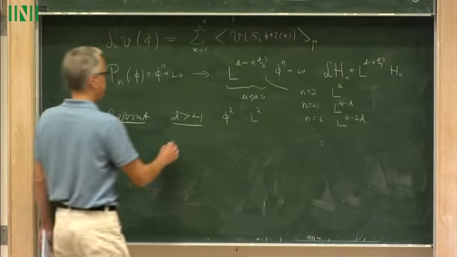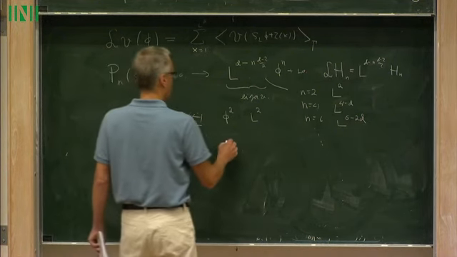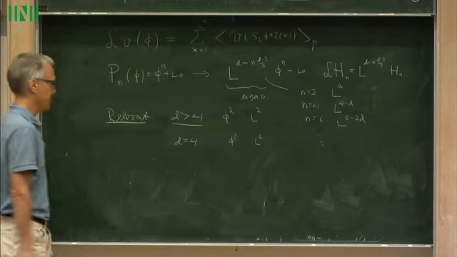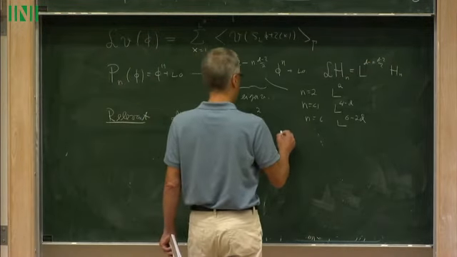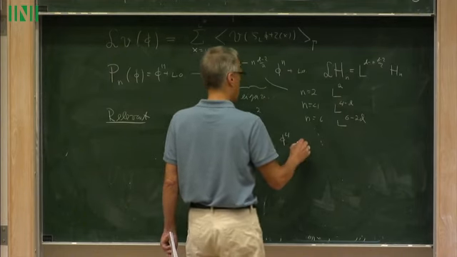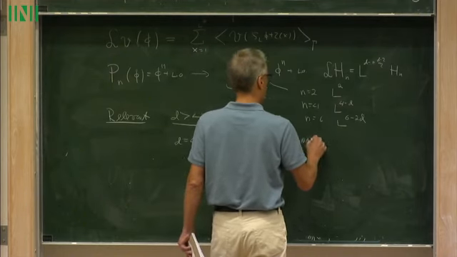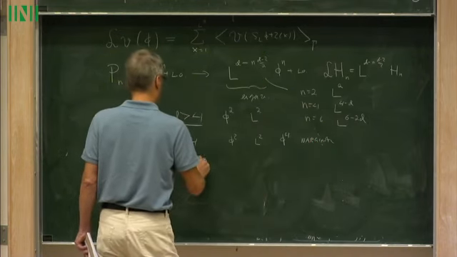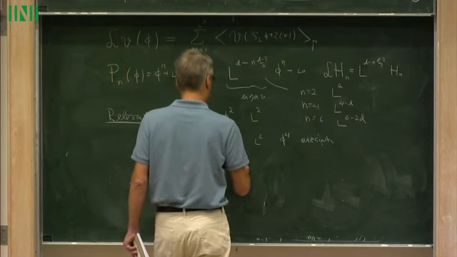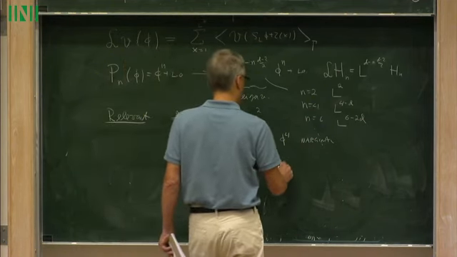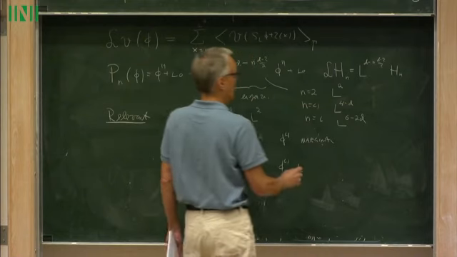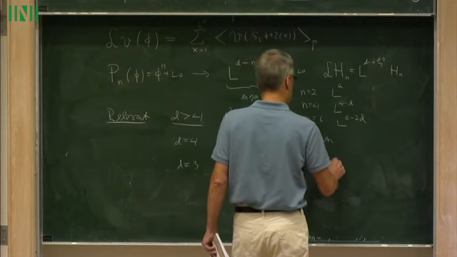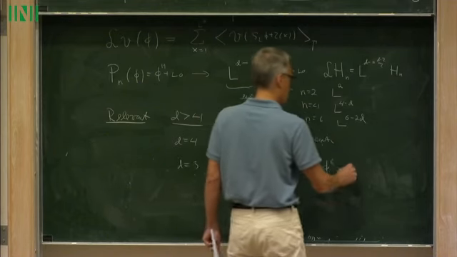Okay. When D is 4, we have again this phi squared, which is always a relevant one. But then we have also phi 4, which is marginal. When D equals 3, we have again the phi squared with L squared, phi 4 with L to power 1, and phi 6 with L to power 0, so that's marginal.